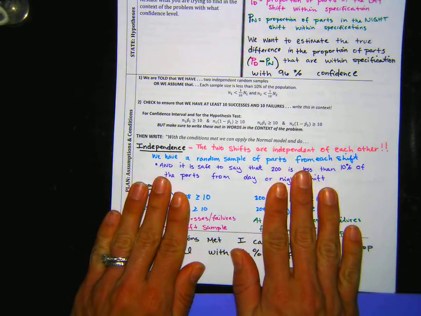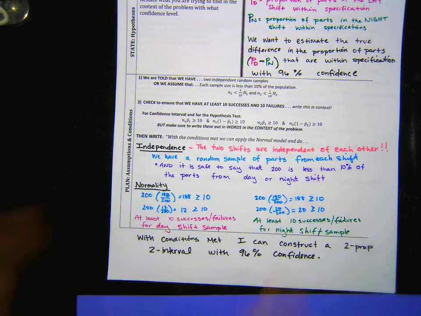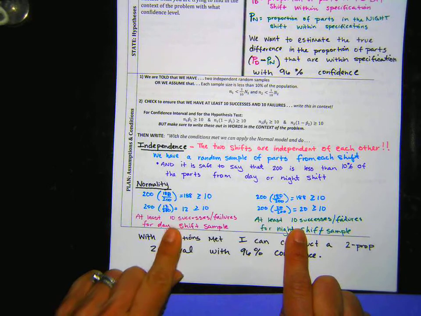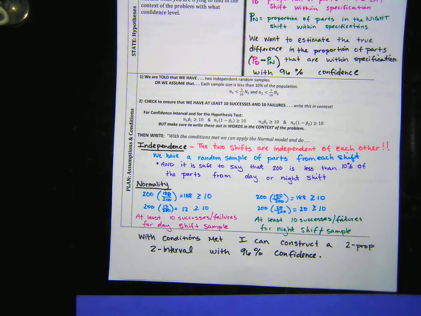This is categorical data. So I check n times p is greater than or equal to 10, and n times 1 minus p is greater than or equal to 10. I have at least 10 successes and failures from the day shift and from the night shift. With conditions met, I can construct a two-proportion z-interval with 96% confidence.